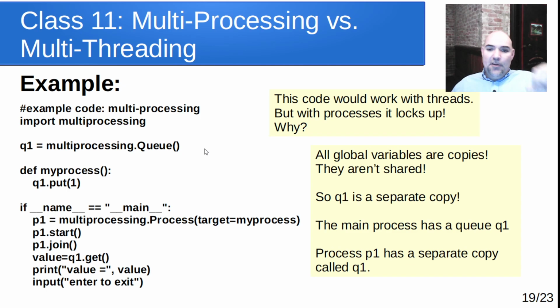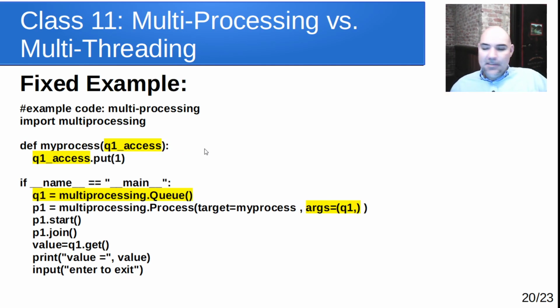And so the answer is all global variables are copies, including that Q1. That Q1 variable is a separate copy. It's a completely separate queue object. So the main process has a queue Q1, and process P1 has a separate copy of a queue called Q1. So how do we fix that? Here's a fixed example.